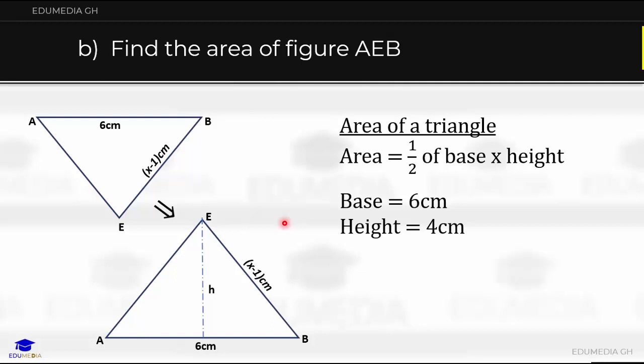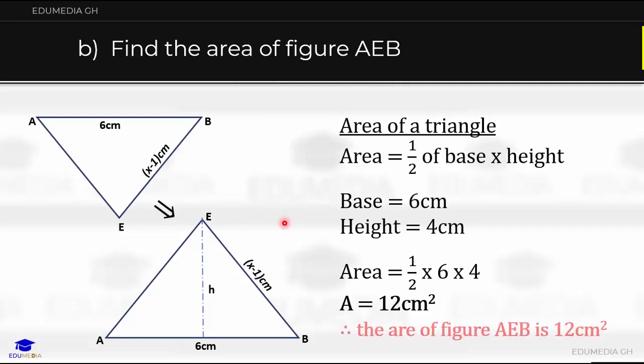So the area is half of 6 times 4, and the answer is 12 centimeters squared. Let's move to the next question.